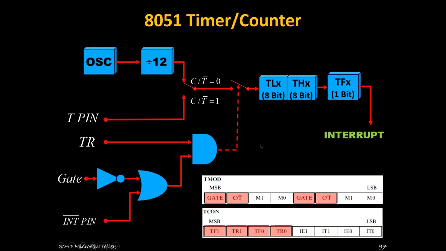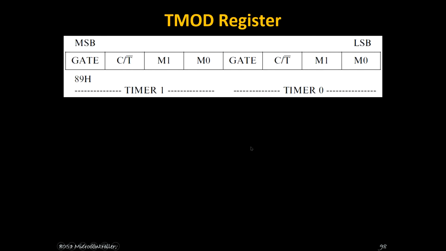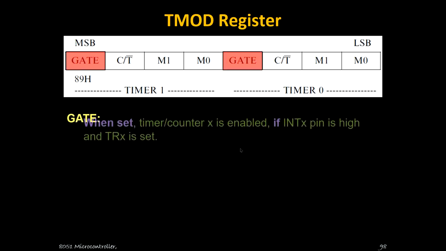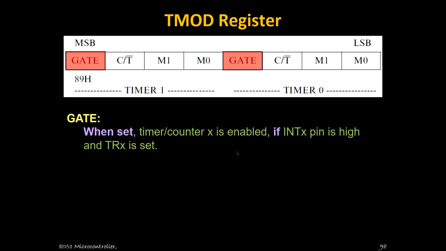Then we can see the timer mode register, with the gate we learned about. The address is 89H, direct address. The gate, when set, means the timer or counter is enabled if the pin is high.